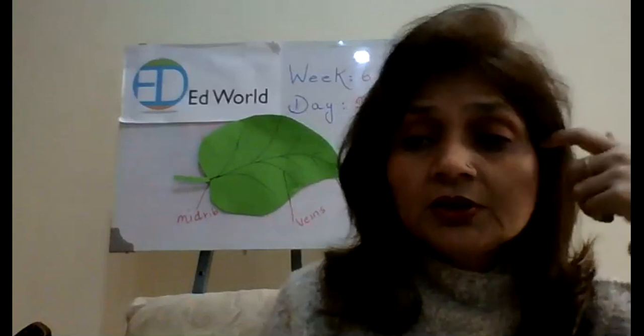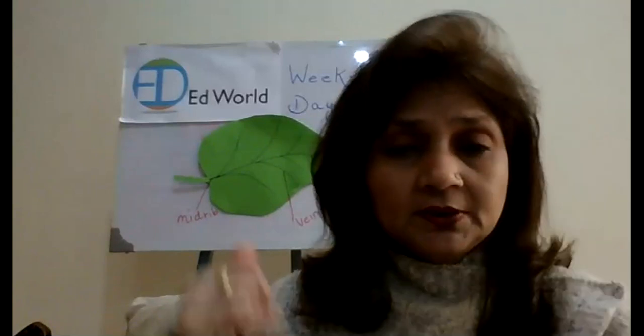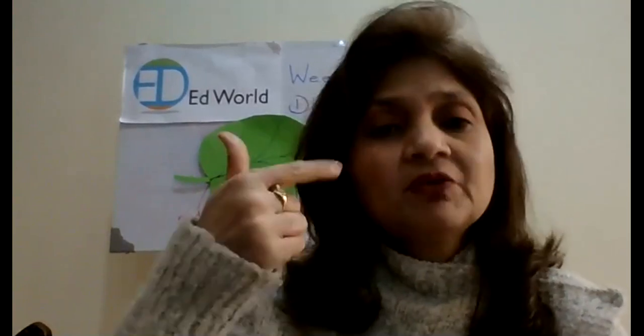Don't forget about these three parts, the major parts of a leaf, right? Don't forget it. They are not difficult at all. They are very easy to remember. Midrib, veins, and leaf blade.